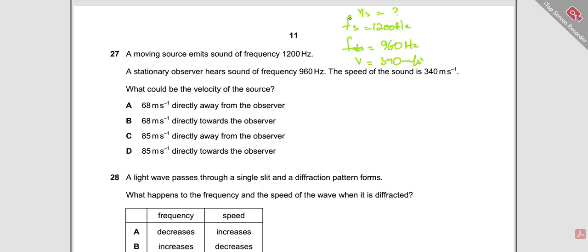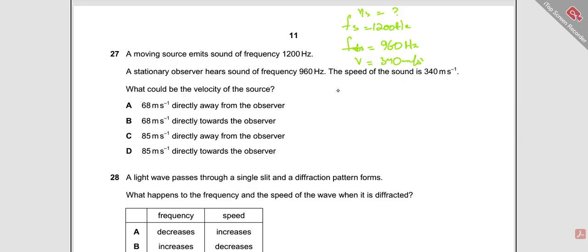Now, they did not tell us explicitly if the source of sound is moving away from the observer or towards the observer. However, having studied the Doppler effect, we now know that if the observed frequency is less than the original frequency of the source, that would only be possible if the source is moving away from the observer.